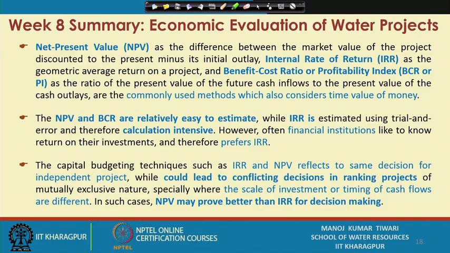While IRR estimates the rate using trial and error, because the rate is not known, different trial and error steps are needed, and that makes it calculation intensive. So, these are the basic advantages and disadvantages. The details with examples were discussed during week 8.